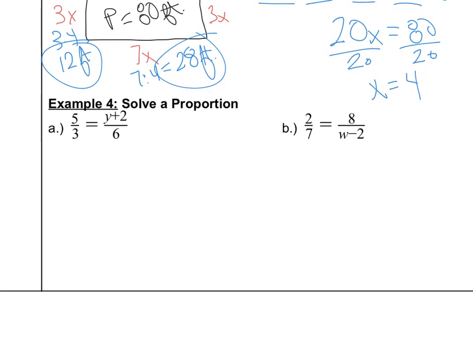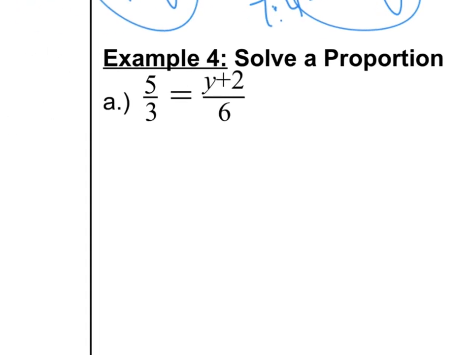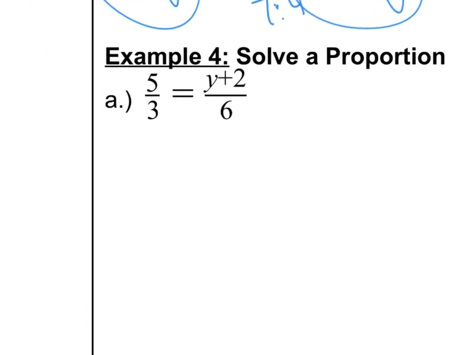Last example, we're going to solve here, a little algebra. You get to cross multiply here. As long as they're set equal to each other, as long as there's an equal sign in the middle, we are going to cross multiply. Me, I always like to start with wherever the letter is first. So we're going to say 3 times this set of y plus 2.